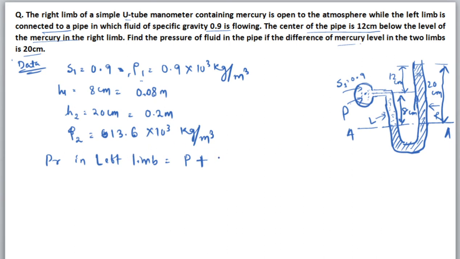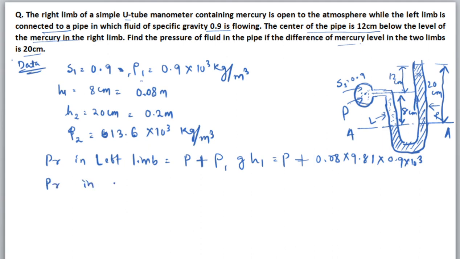So pressure is equal to P plus rho 1 g h1. P, which we need to calculate, plus rho 1 into 9.81 into 0.08. I have interchanged rho 1 with h1 and h1 with rho 1, so check that out.